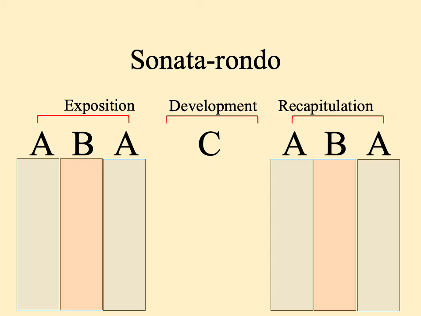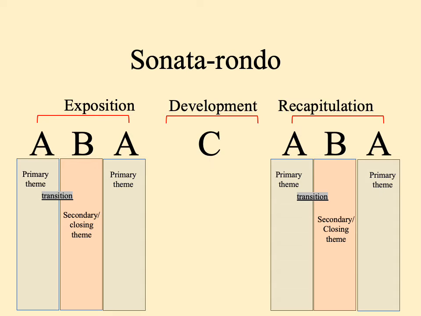Those A sections are going to function as our primary themes, and they will be followed by transitional passages, and those transitions will lead us to our B sections, which will contain secondary and closing themes, and perhaps even codettas.